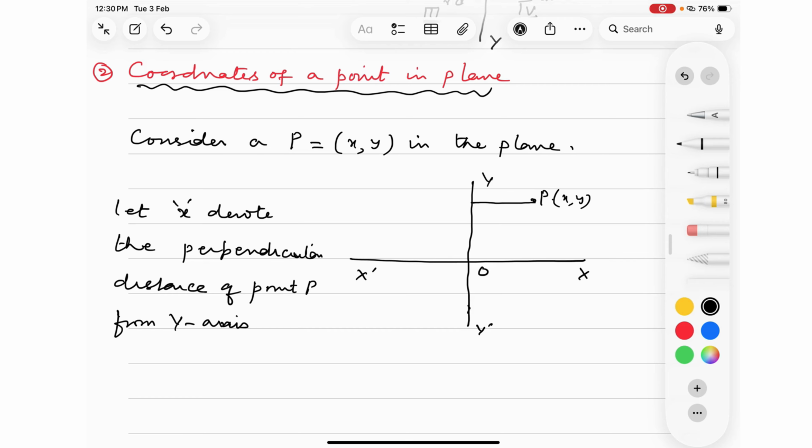What does x denote in the point P (x, y)? x denotes the distance of the point P from the y-axis.